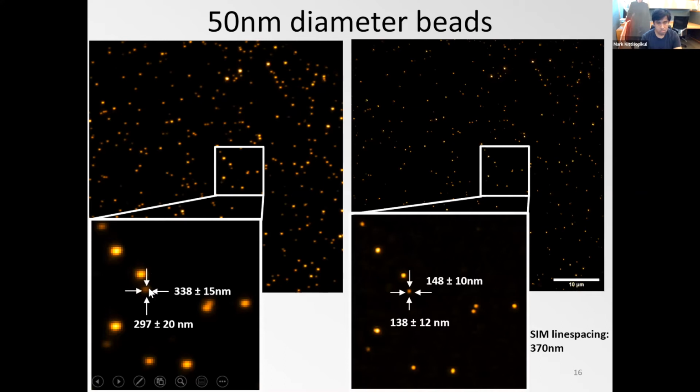So if applied in a single direction, it would make this anisotropy even more extreme. But since we fuse data from three orientations, we overcome both the system anisotropy of the OPM and also the anisotropy introduced by the SIM process.